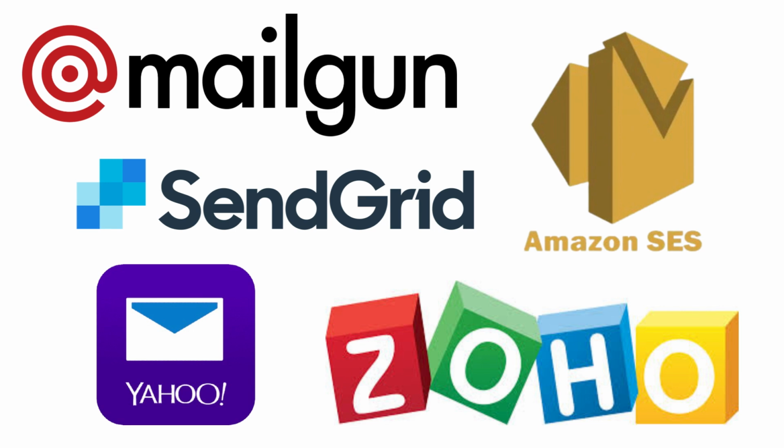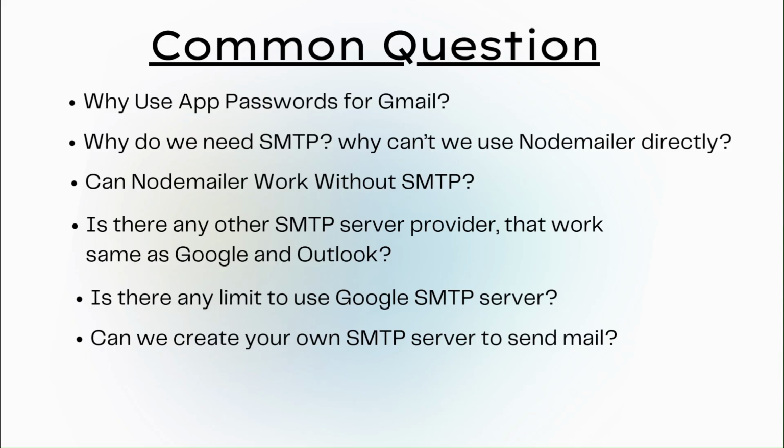We have Zoho, like smtp.zoho.com. Apart from this, we also have SendGrid, Mailgun, and AWS SES, Simple Email Service. It's just that they have their own dedicated SMTP server, which we can use to send emails.